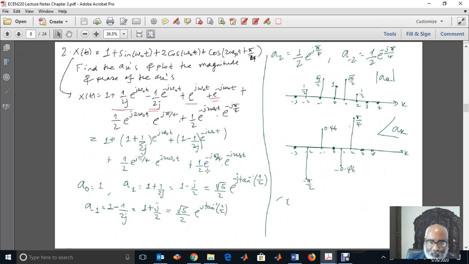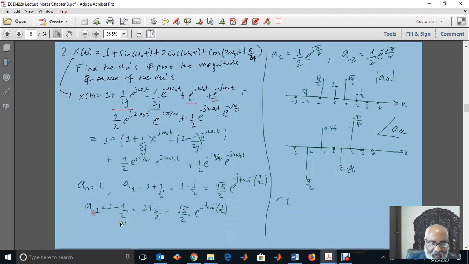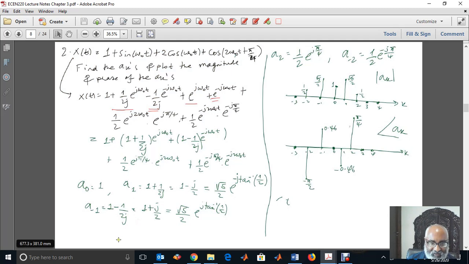And we can write it in polar form. So magnitude and phase. The magnitude of this is square root of 5 over 2. The phase is minus tan inverse of 1 over 2. A minus 1, 1 minus 1 over 2j. So 1 plus j over 2. Again here, the magnitude and the phase.